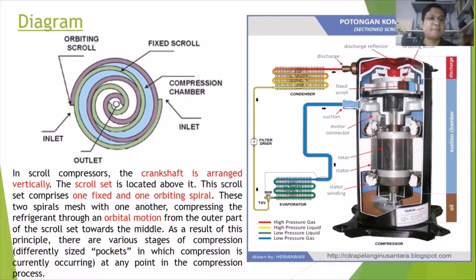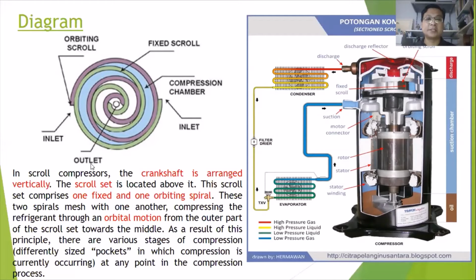It's like pressing a soft rubber tube: we push from one end to the other with our finger, and give pressure until the end of the tube. So it's something like that.